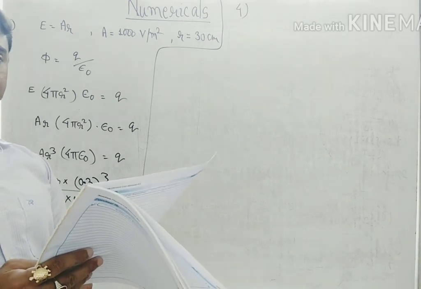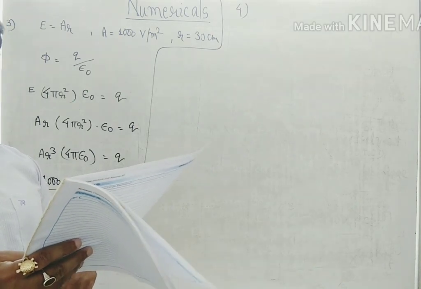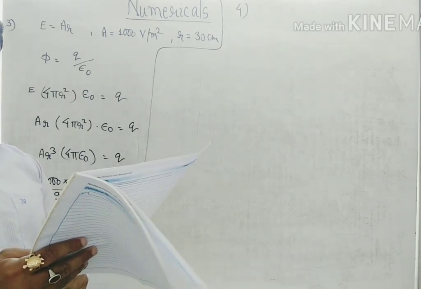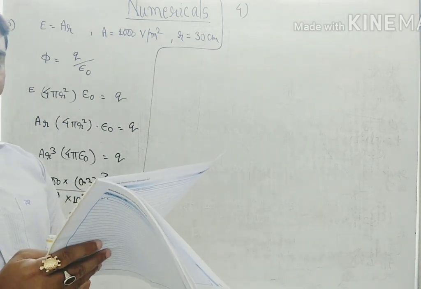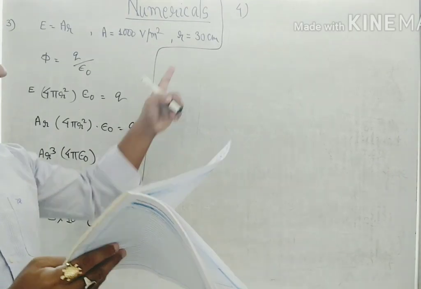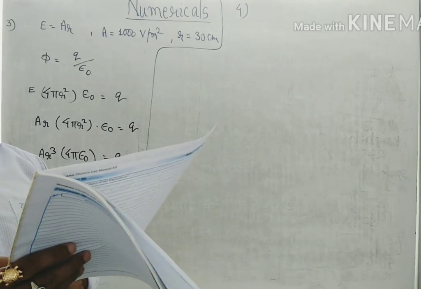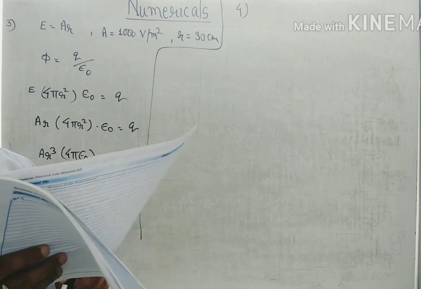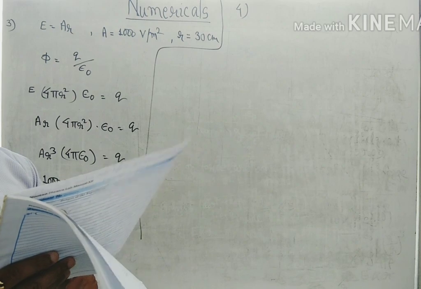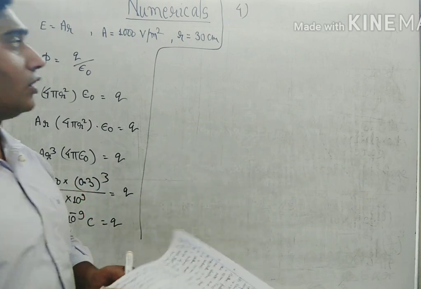It is placed near a long line charge of linear charge density 4 into 10 to the power minus 4 coulomb per meter as shown in the figure. I'll be drawing the diagram such that the negative charge is at a distance of 2 centimeters from the line charge. Find the force acting on the dipole.